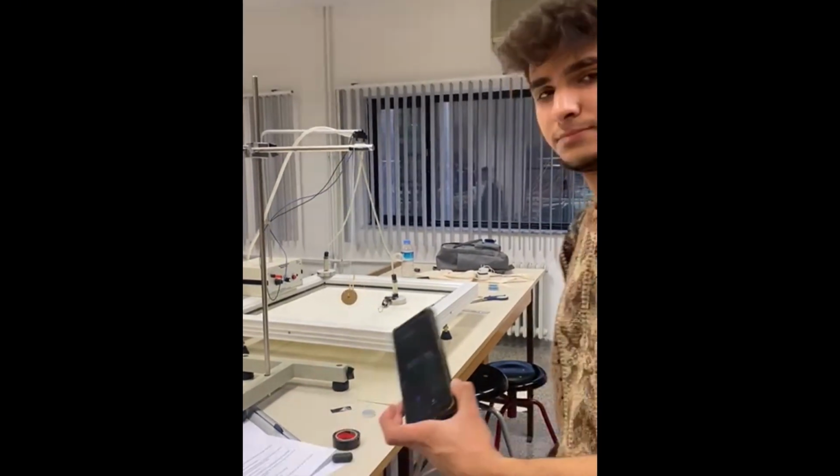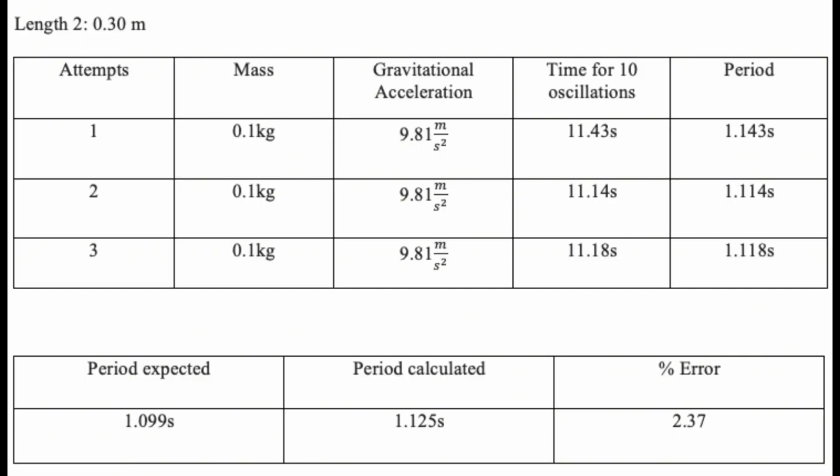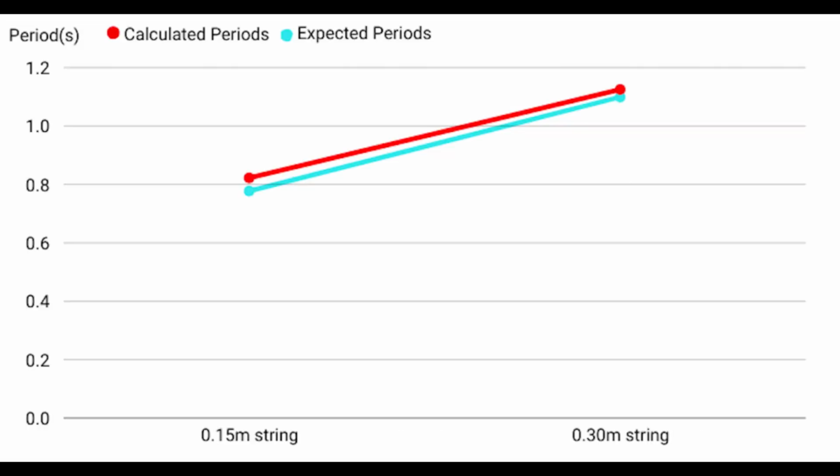And that is the time for 10 oscillations. And here is the data table for the 0.3 meters string. When we draw a graph for part 3, we can see that as the length of the string gets higher, the period value increases.